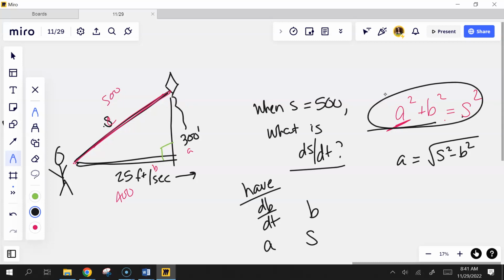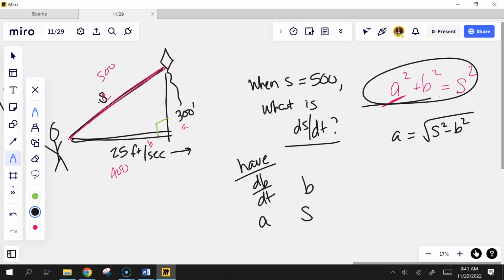I know that S is 500, but it's not going to stay 500. I can't do that. Can't plug it back. I need another equation.